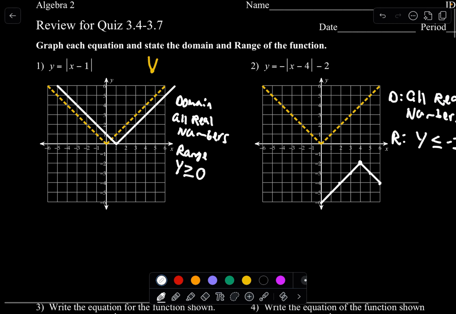And you could also describe this: number 1, it's shifted right 1 unit.